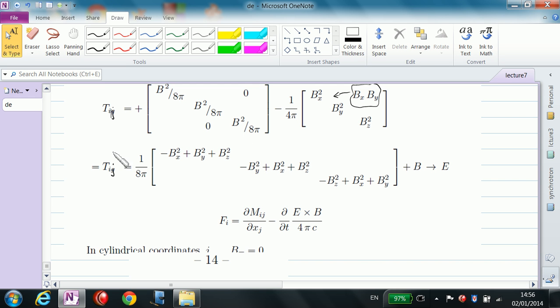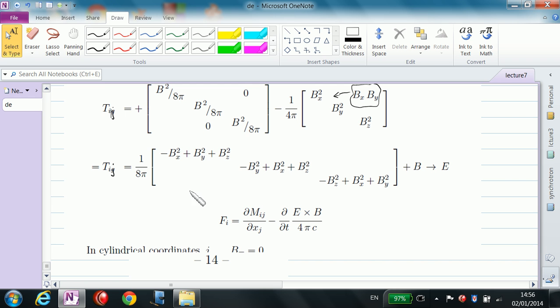If you take the divergence of the stress energy tensor, you get a force. Because force is the divergence of momentum flux, and the stress energy tensor is momentum flux.